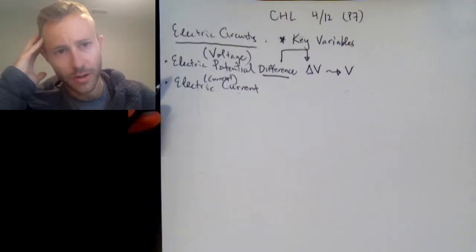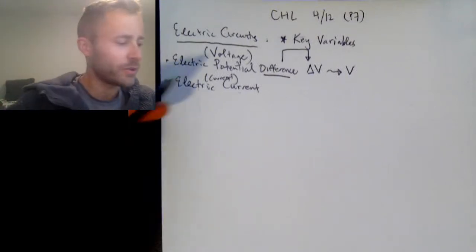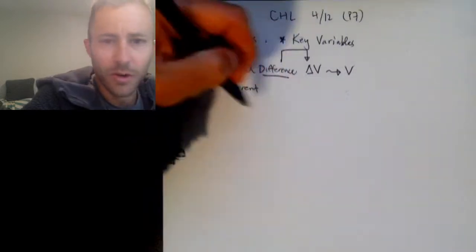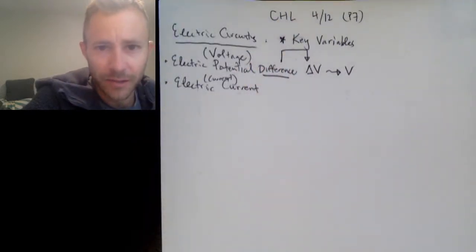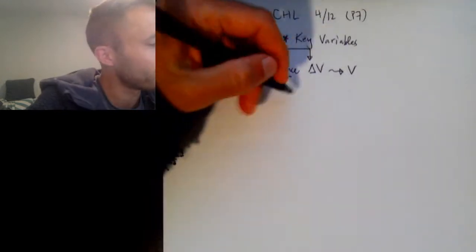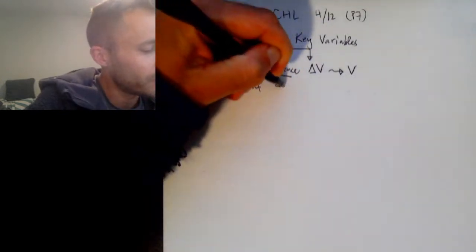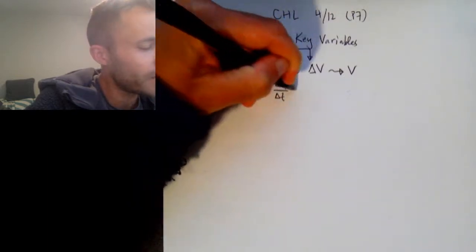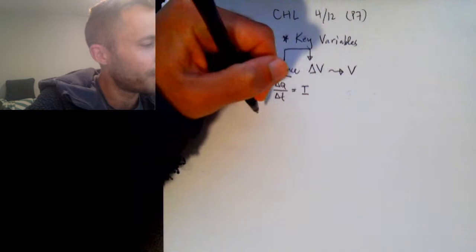But when we're in the context of circuits, I'll just say current. You're already familiar with that from magnetism, because currents are the source of magnetism. It is the rate of flow of charge, and it is denoted by I.